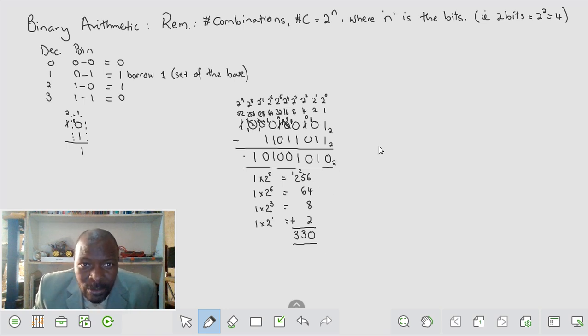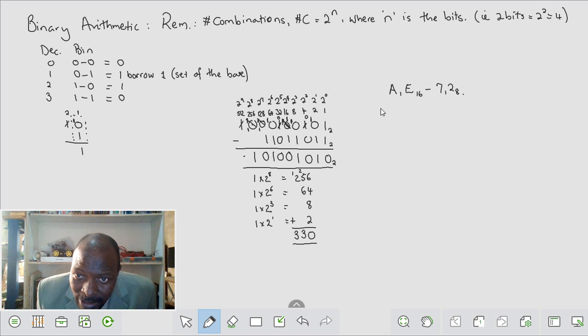I'll deal with another example where, just like in the previous scenario, you could be asked different bases. Maybe they could say A comma E to base 16, subtract 7 comma 2 to base 8.